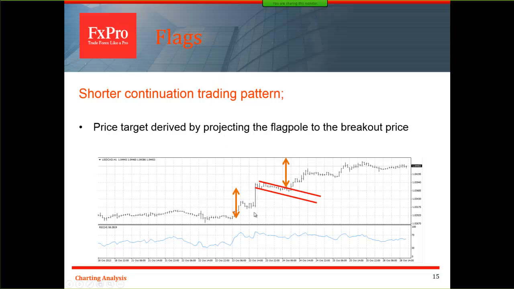Now the reason why it's called a flag is pretty obvious. You basically have a long pole, and you then have downward sloping trend lines, during which we've got some consolidation taking place, and thereafter, we see a breakout and a continuation of the previous trend we saw here.